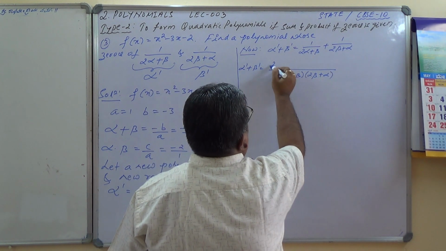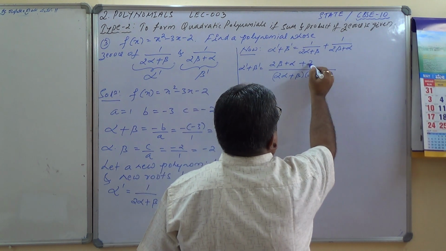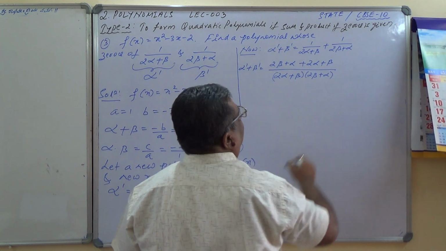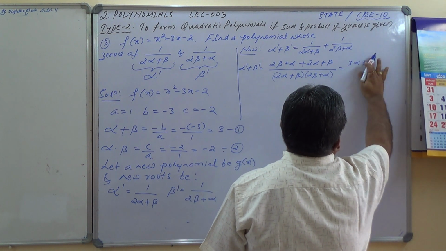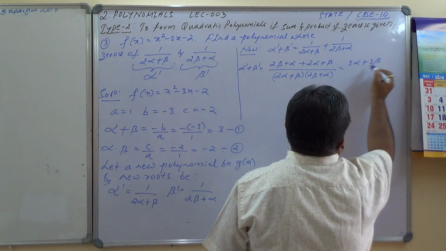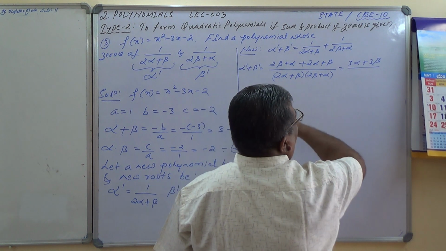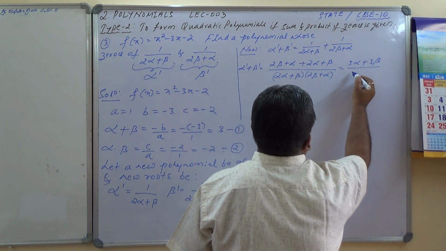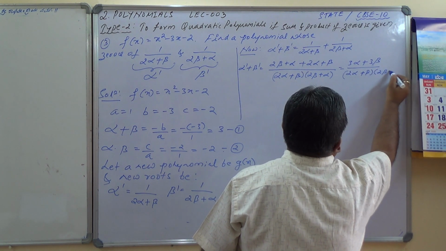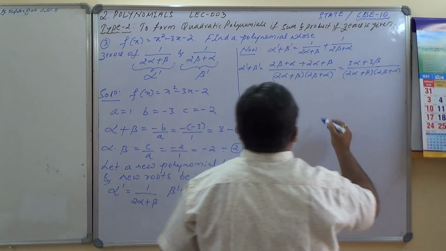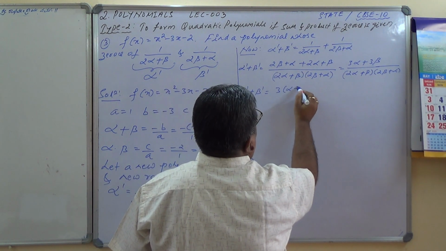This will cancel, 2 beta plus alpha plus this will cancel, 2 alpha plus beta, which equals 3 alpha plus 3 beta, the whole divided by, I have to multiply this entire thing over here, then only you will get it. So first step I'll write as it is here, 2 alpha plus beta into 2 beta plus alpha. Therefore alpha dash plus beta dash equals 3 times alpha plus beta.